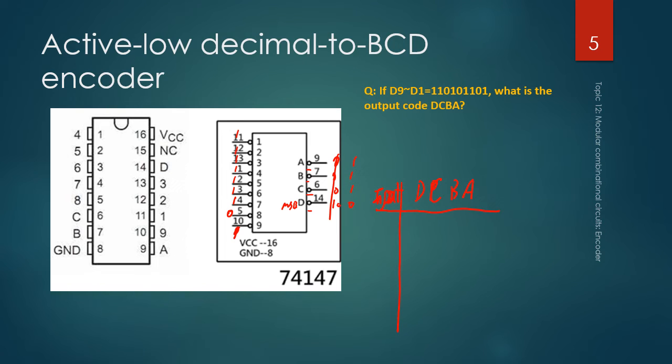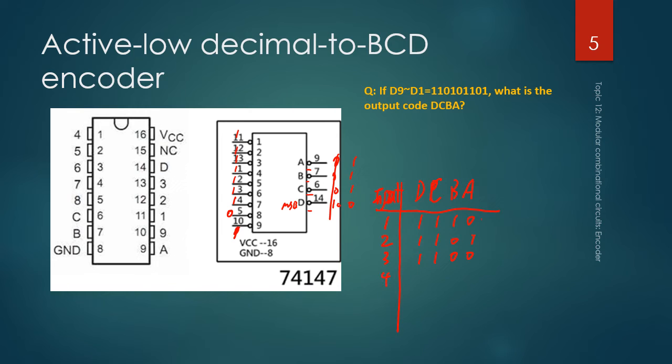So if 9, 1 is active, active means 0, the code generated would be the 1's complement of BCD 1. So you will get 1, 1, 1, 0. If it's 2, the opposite of BCD 2, so you get 1, 1, 0, 1.